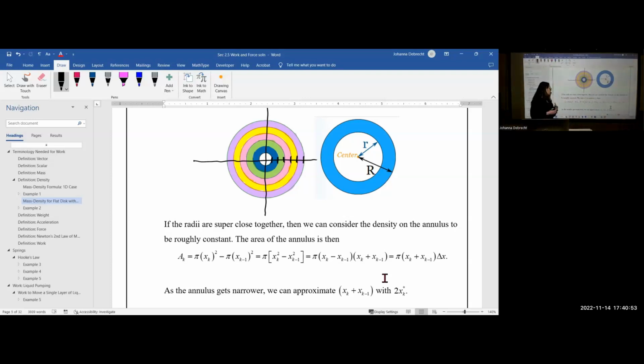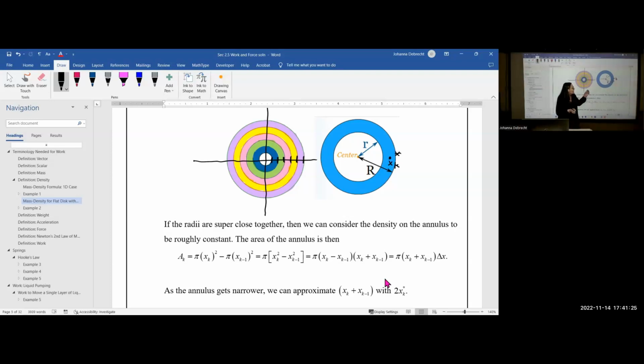So if we're thinking about that, as the annulus gets narrower and narrower, these x sub k's and x sub k minus 1s get closer and closer together. So we can approximate it with some random point somewhere in between. We might call it this point right here, x sub k star. So that's some random point in between x sub k minus 1 and x sub k.